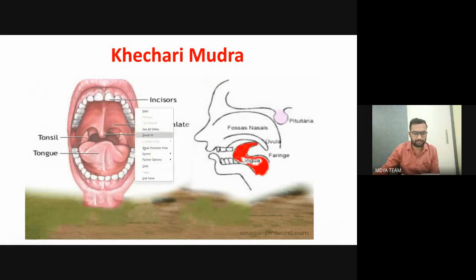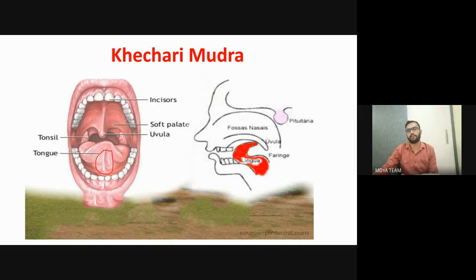This area, it is the frenulum. Yes, this area we have to cut with the help of that instrument described by Swatmaramji in this book. It will be completely out. Okay.